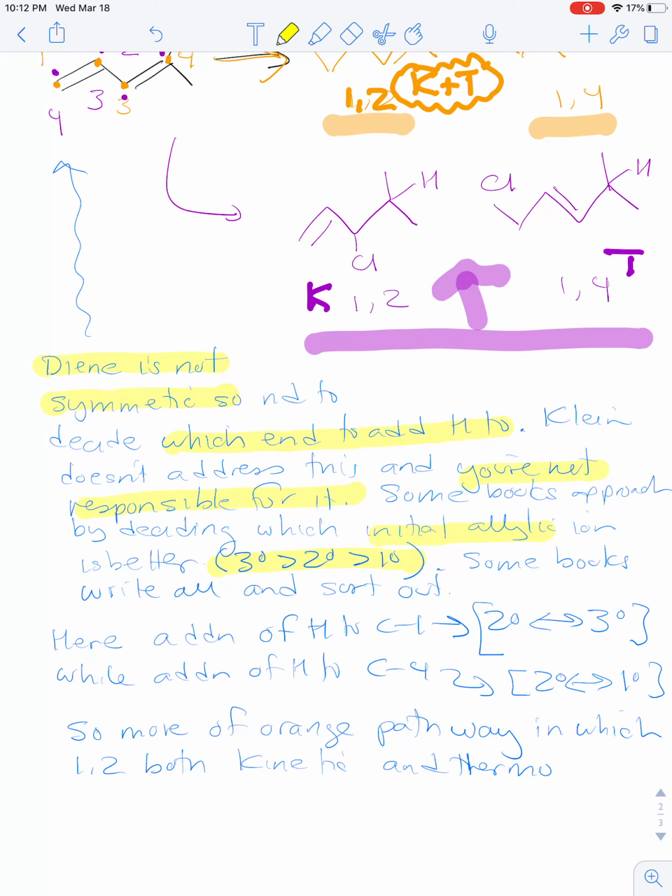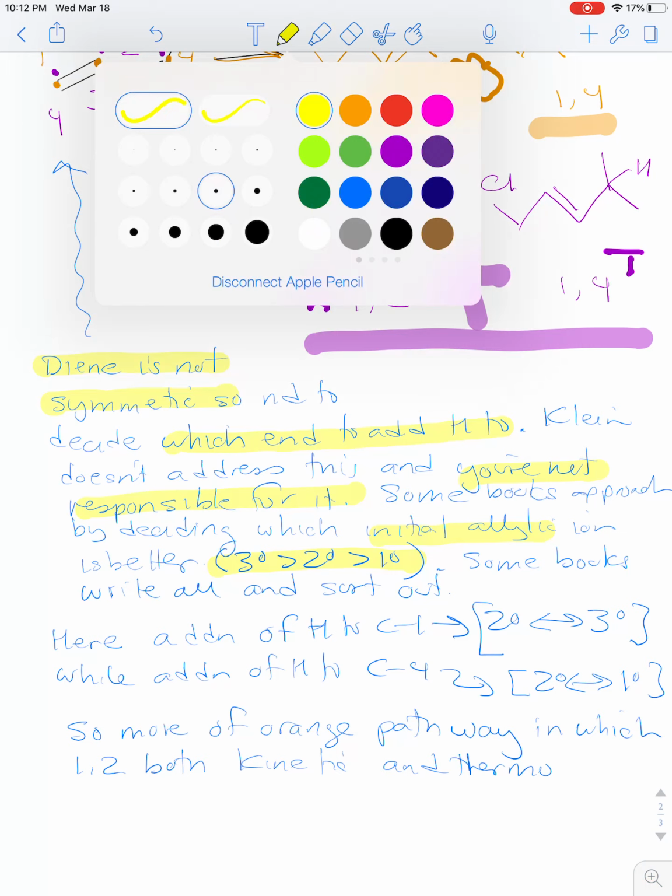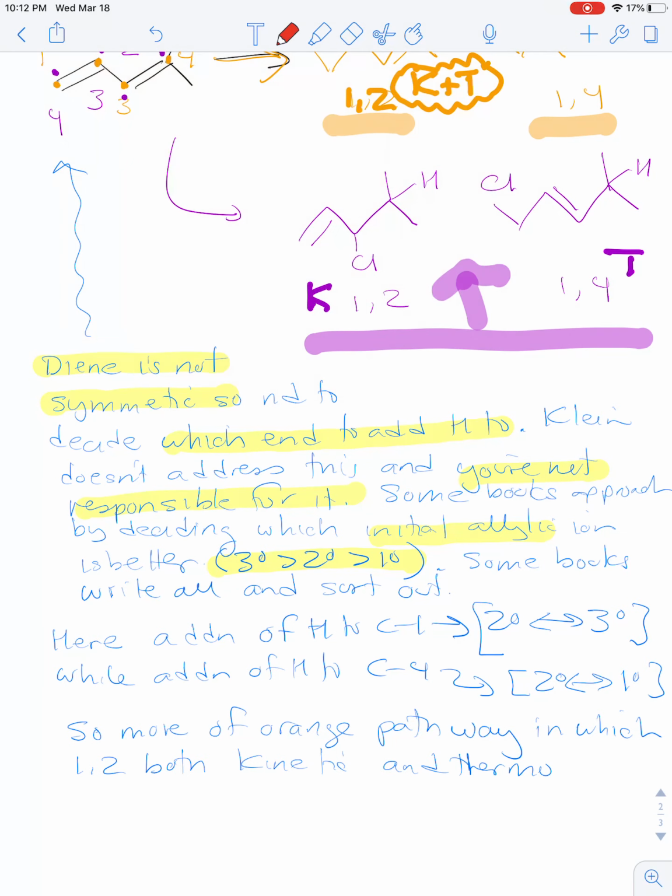For this scenario, yellow is not going to work very well. So for the carbocation stability, it's tertiary, more stable than secondary, more stable than primary, not the number of R groups or amount of substitution on the carbon-carbon double bond.